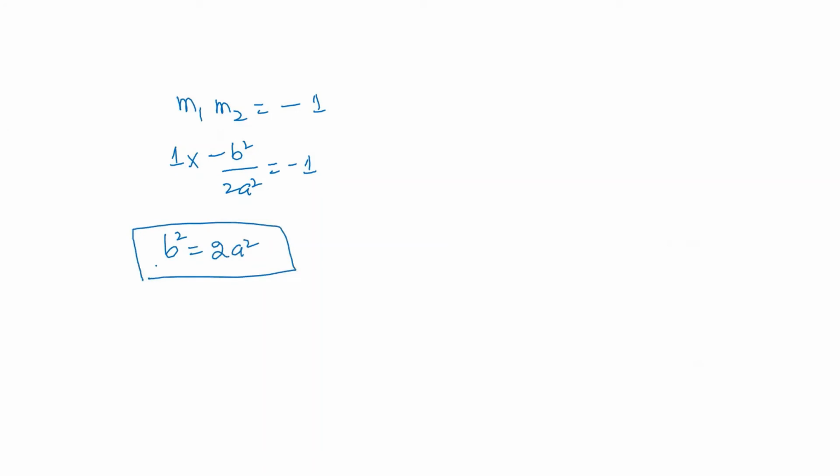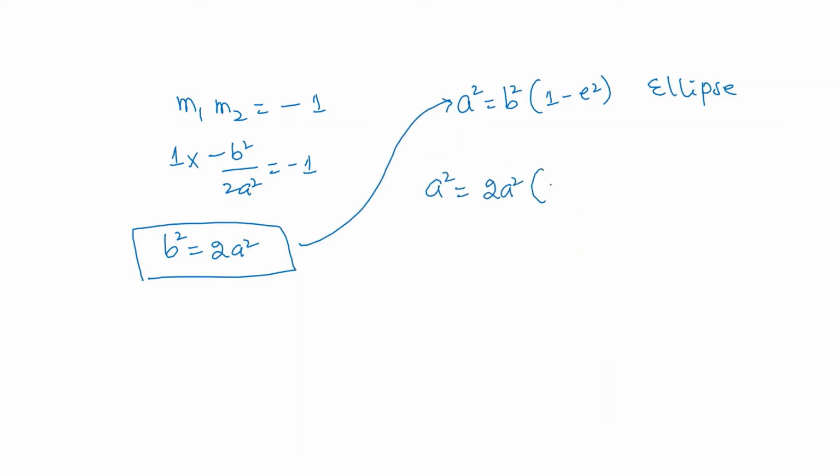Now, as this is an ellipse, we already know one more relation for the ellipse, that a square can be written as b square into 1 minus e square. This is also a property of the ellipse that we know. We are going to substitute this property here. So what are we going to get? This one is going to be a square, and in the place of b square, I'm going to substitute 2a square, and 1 minus e square as it is.